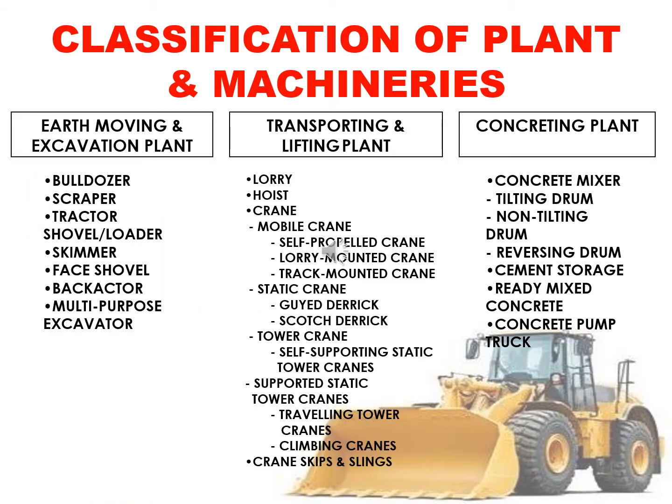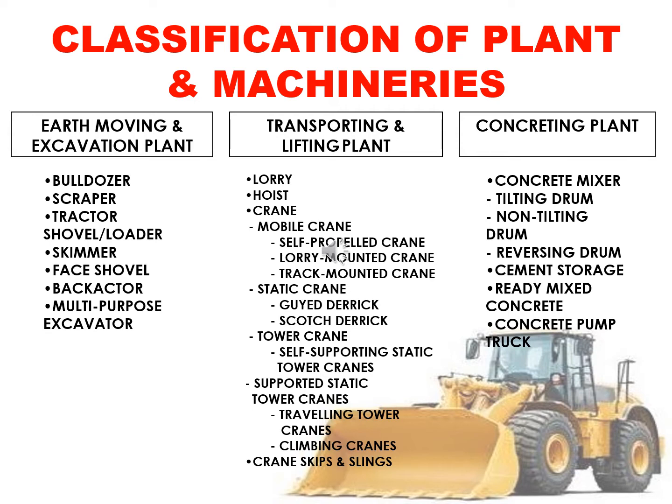The examples for earth moving and excavation plant are bulldozer, scraper, tractor shovel or loader, skimmer, fish shovel, backhoe, and multipurpose excavator.